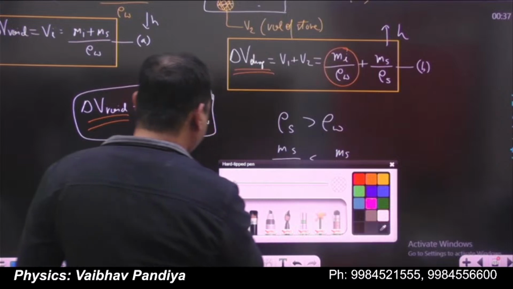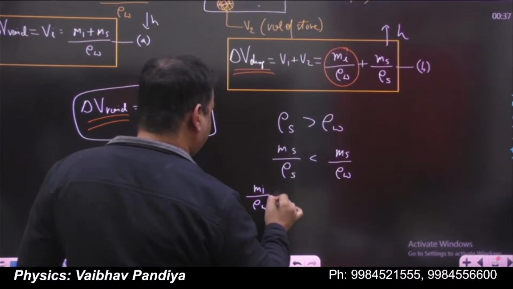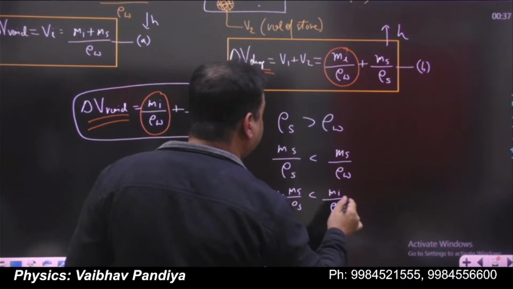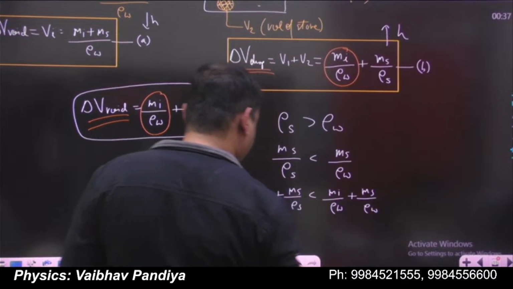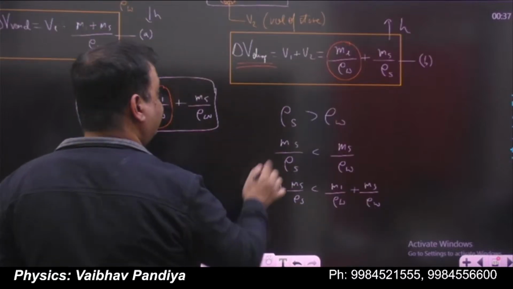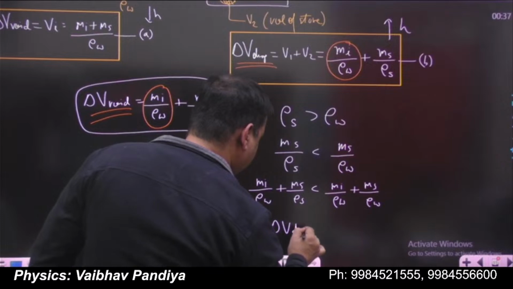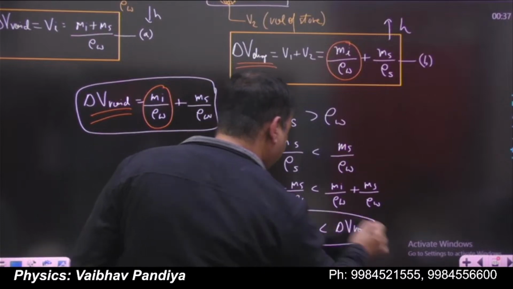So you can add something same on both sides. Mi by rho of water plus Ms by rho s is less than Mi by rho of water plus Ms by rho of water. I'm writing the complete step. And this is your displaced volume. And this is the volume which got free by the removal of the ice.